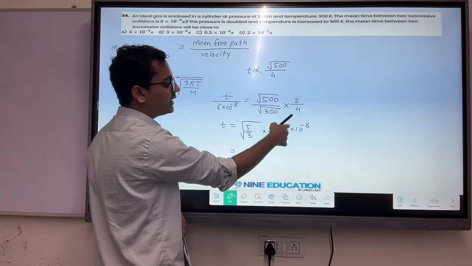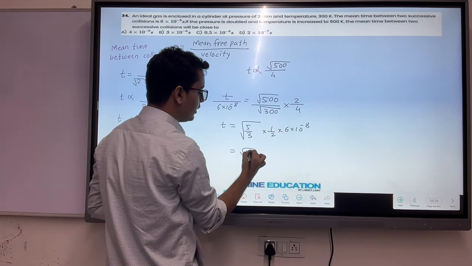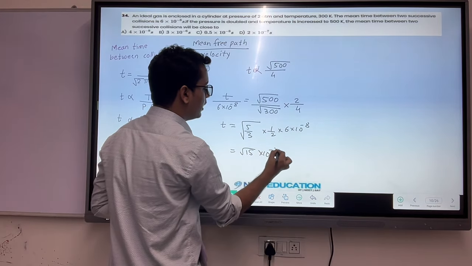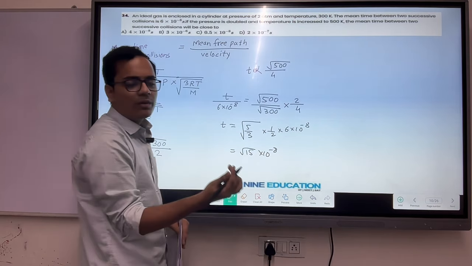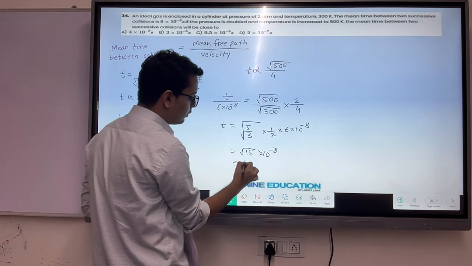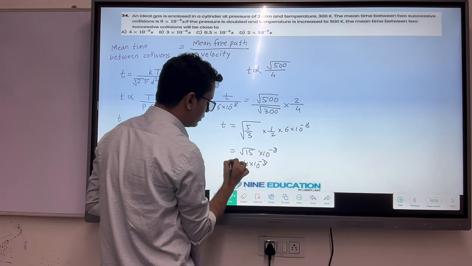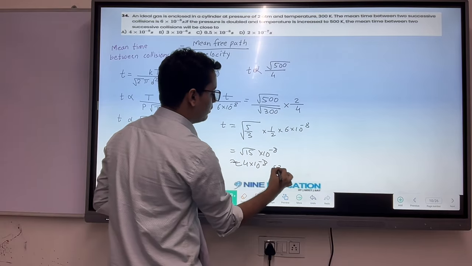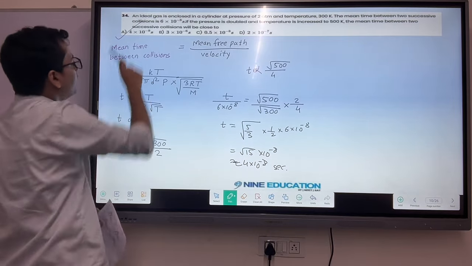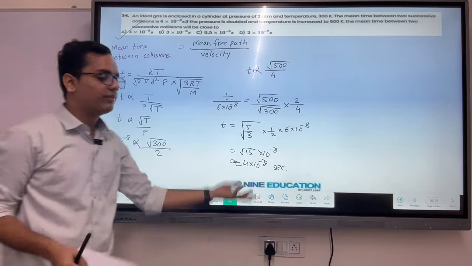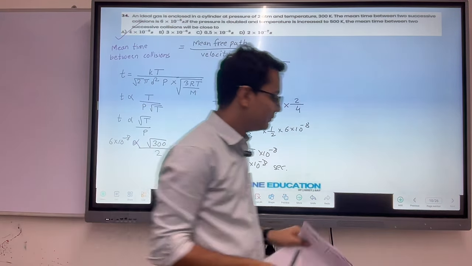This 2 is cancelled, send this 3 here, you are going to get square root of 15 × 10^-8. Square root of 15 is approximately 4, so approximately 4 × 10^-8 second.